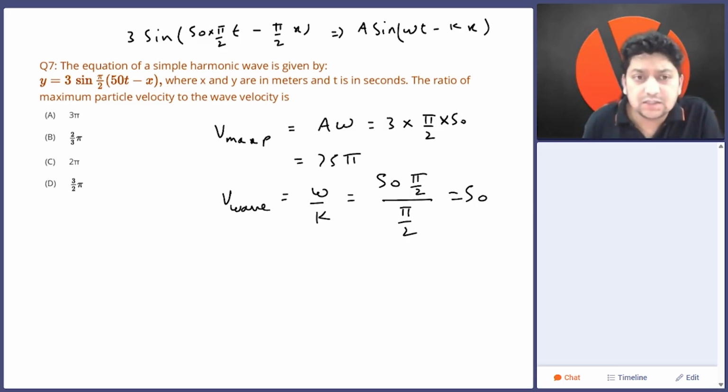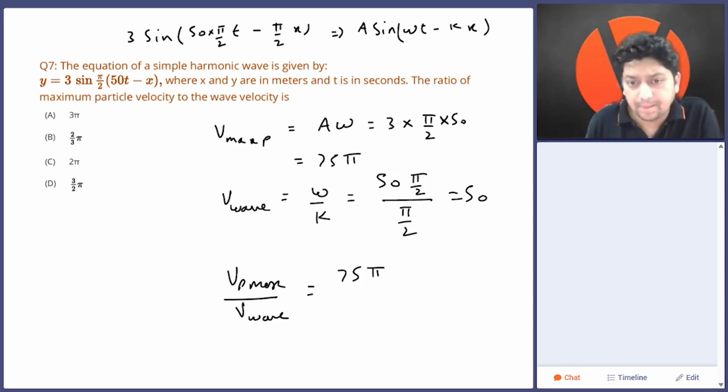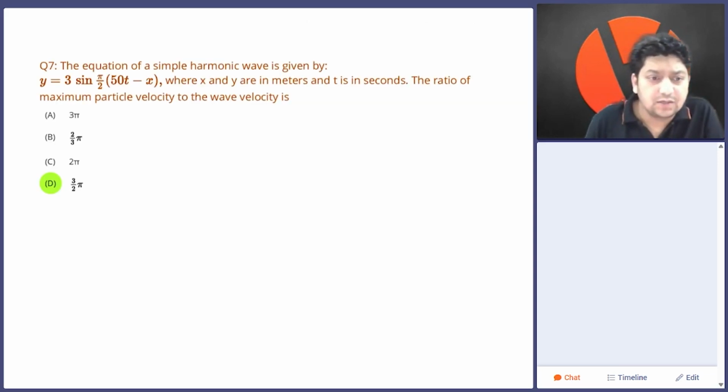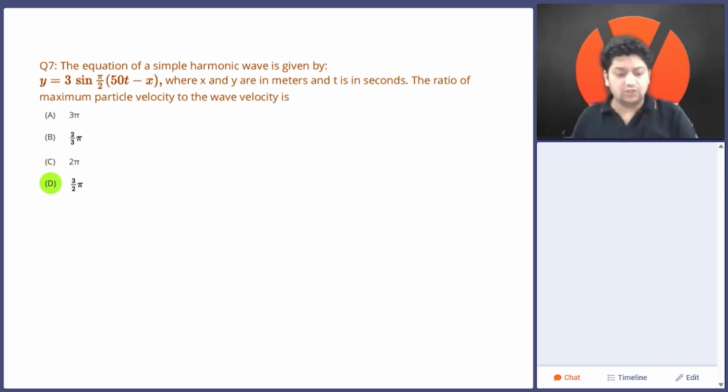Now using these two values, we need to figure out the ratio of maximum particle velocity to wave velocity. V_p max by v wave will be equal to 75 pi by 50, so it is 3 by 2 pi. The correct answer is the option with 3 by 2 pi. So this is how you will be solving the question. Let's move to the next question.